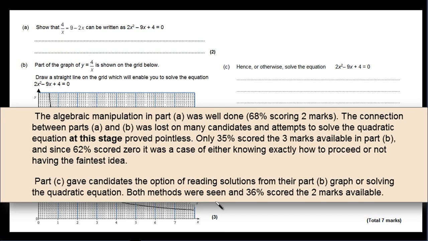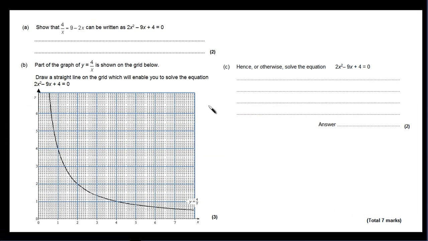And both were seen, and over a third scored the 2 marks available. So on the whole, this was reasonably well tackled, although once again graphing was a problem for a lot of students. Okay, well, let's work through it and see what things come up.